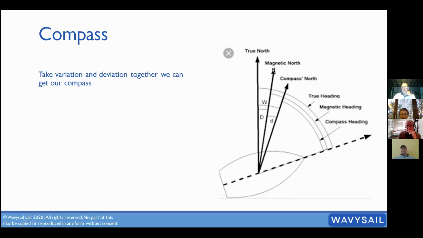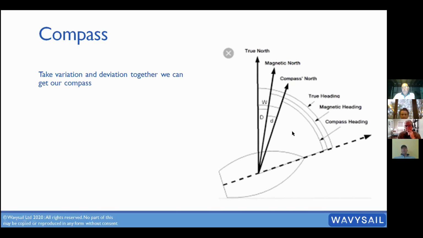Then magnetic north, compass north, and so on and so forth round. Okay. So there's our heading. Okay, compass, deviation, magnetic, variation, true. So you will notice that we've split it.